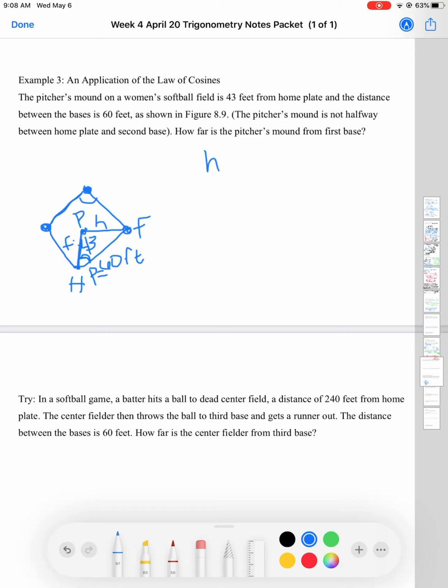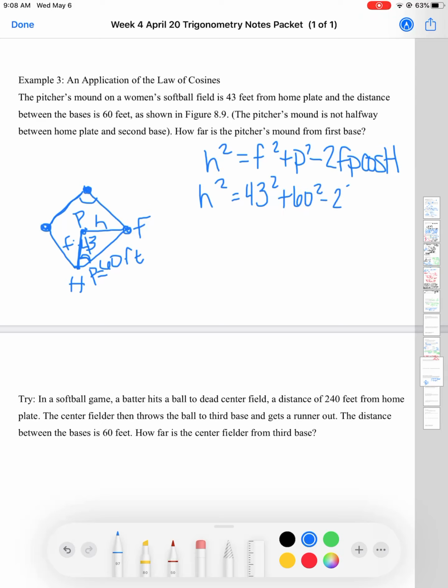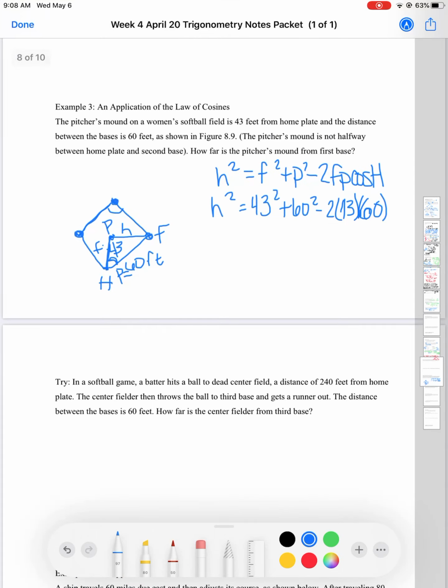So we need h, so we're going to use h squared equals f squared plus p squared minus 2fp cosine h. So h squared equals 43 squared plus 60 squared minus 2 times 43 times 60 times cosine 45.